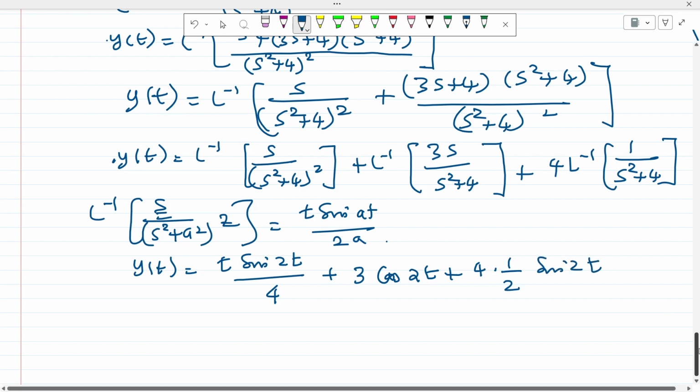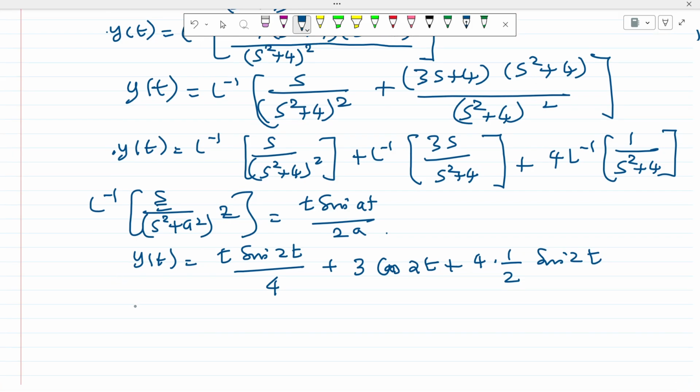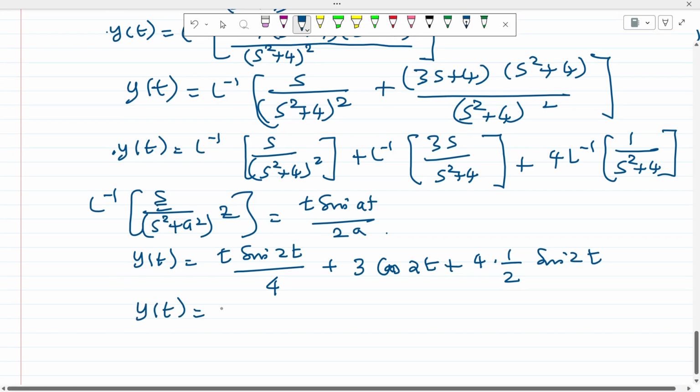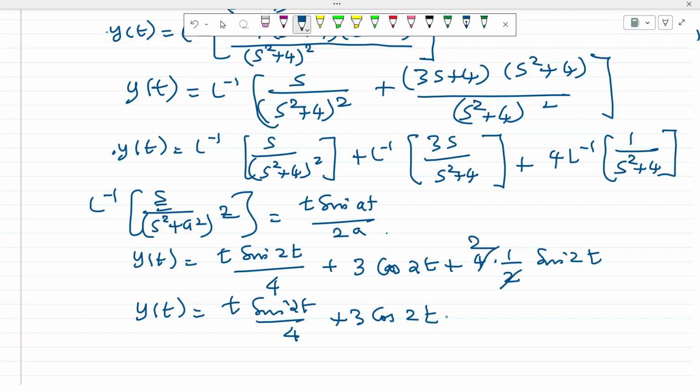So what is the final answer here? Final answer, y of t equal to t sin 2t by 4 plus 3 cos 2t, the 2 gets cancelled here, plus 2 sin 2t. This is the answer for this.